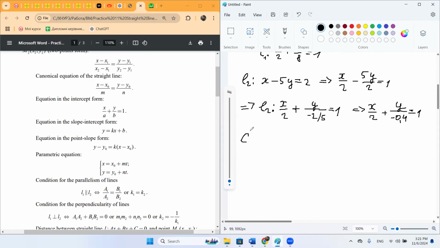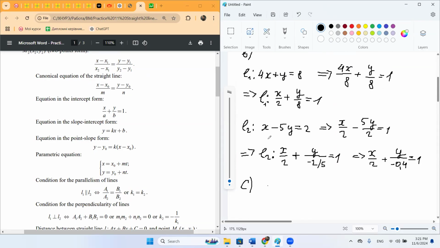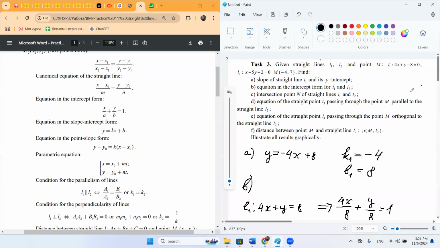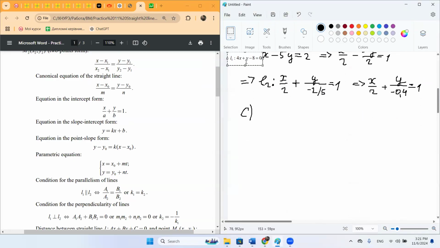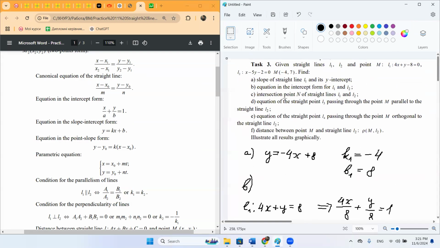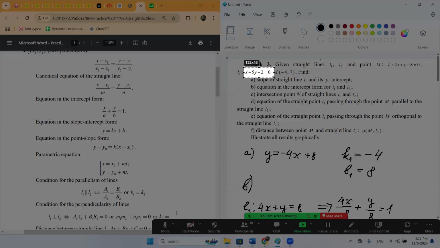Part C, we need to find the intersection point of these lines. How to solve? You know it from school, basically.